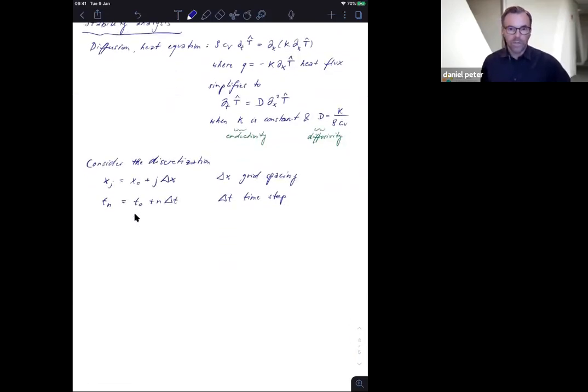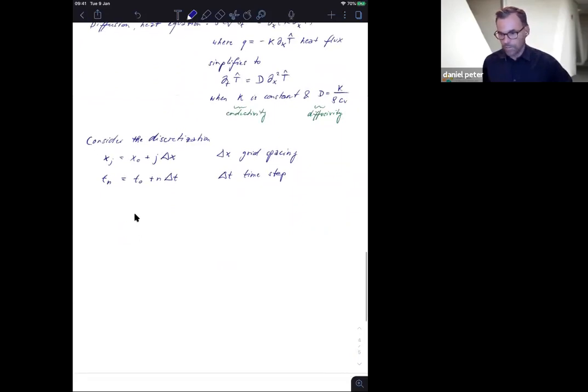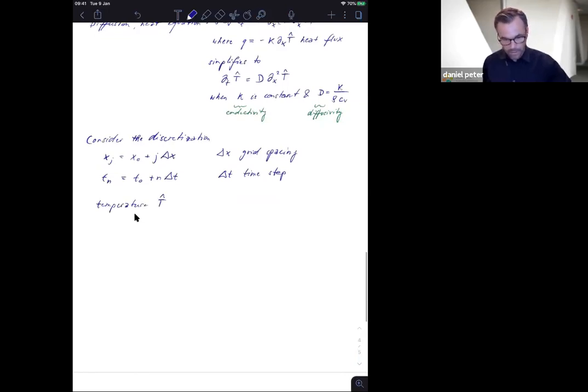So we discretize space and time, and the temperature field as well becomes discretized. So we can write the temperature at grid position xj at time tn, just short is our T hat with the nj notation.